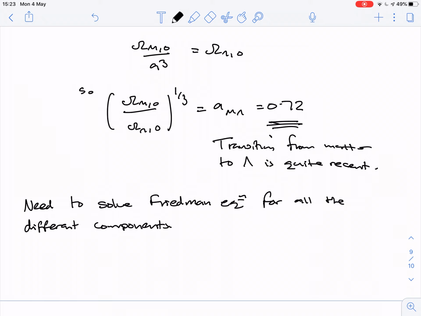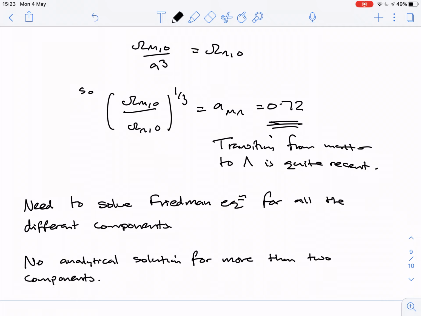I say I do this in the PDF notes, you don't need to worry too much about it now. The point being, when you do that, there is no analytical solution for more than two components. So you have to do this numerically.